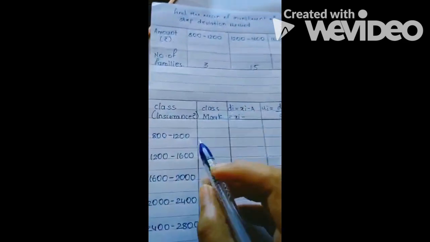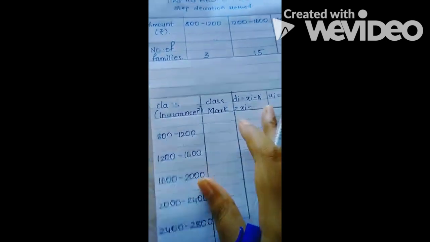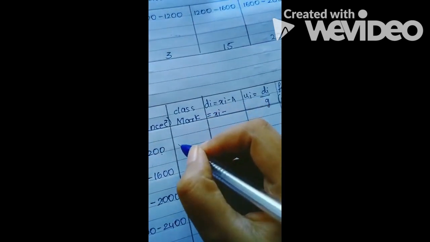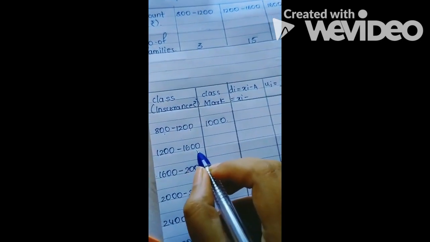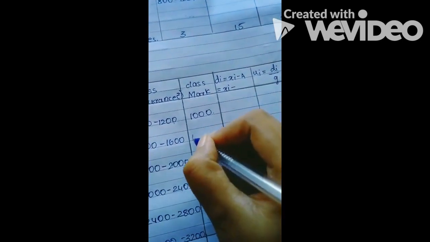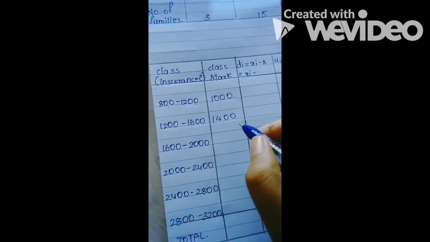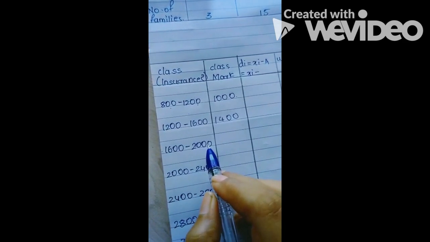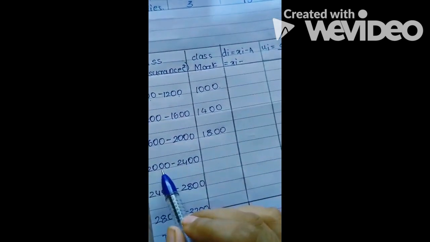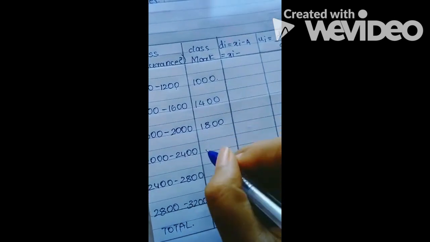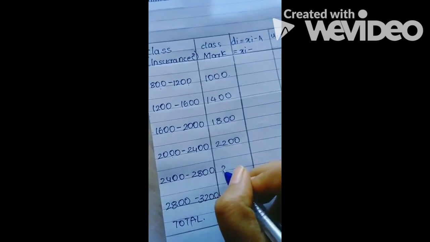So let's find out the class mark. 800 plus 1200 divided by 2 is 1000, as we have done in the last two methods. 1200 plus 1600 divided by 2 will be 1400. 1600 plus 2000 divided by 2 is 1800. 2000 plus 2400 divided by 2 is 2200. 2400 plus 2800 divided by 2 is 2600.